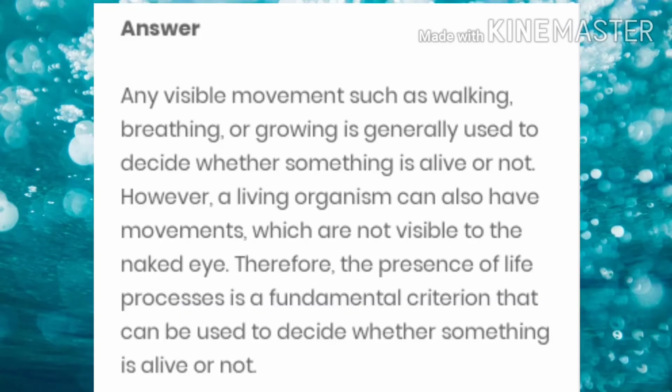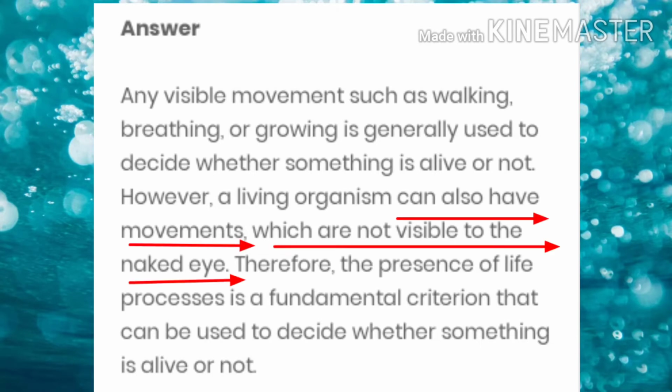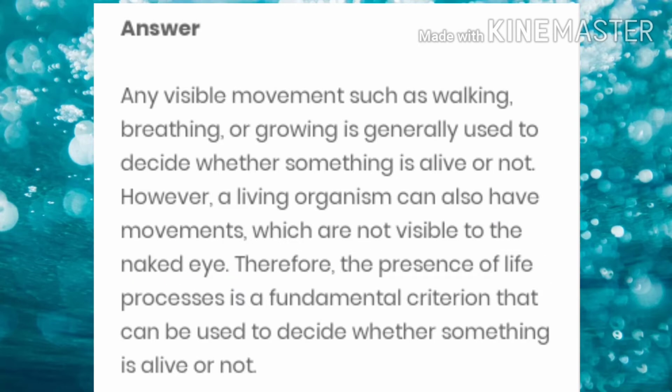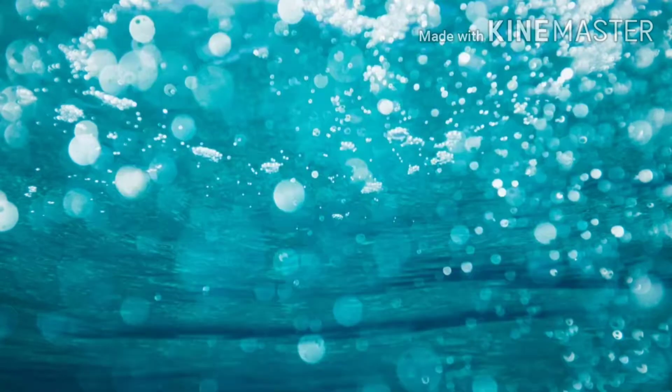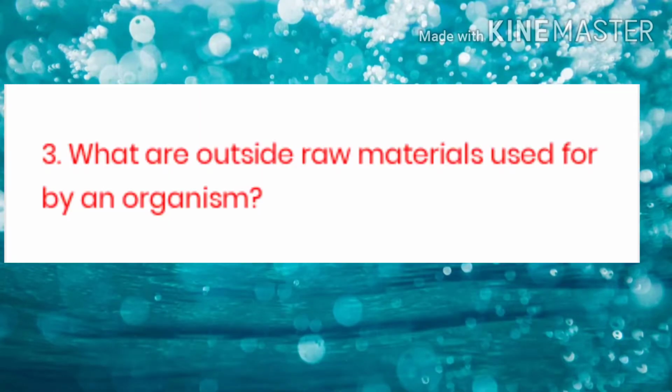However, a living organism can also have movements which are not visible to the naked eye. Therefore, the presence of life processes is a fundamental criterion that can be used to decide whether something is alive or not. Let's discuss the third question.